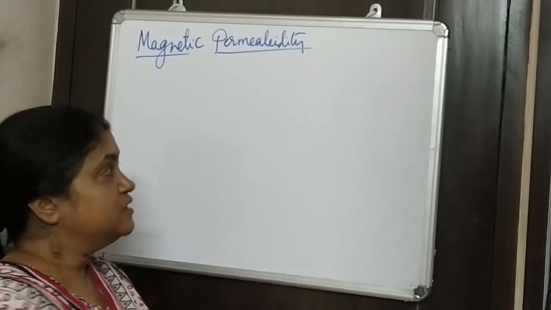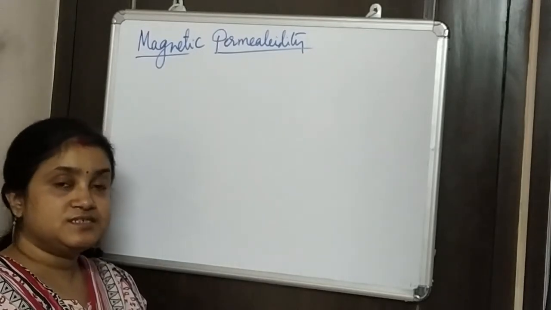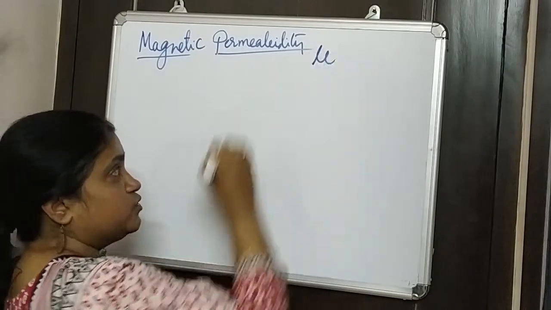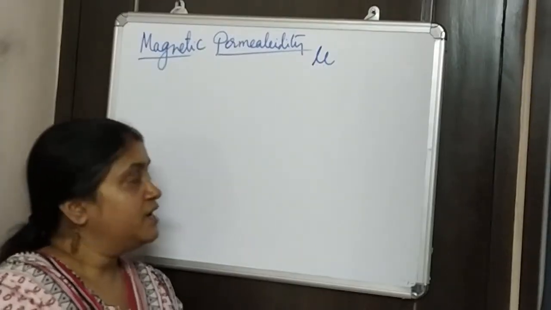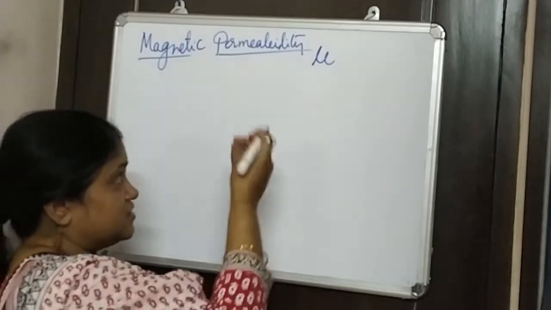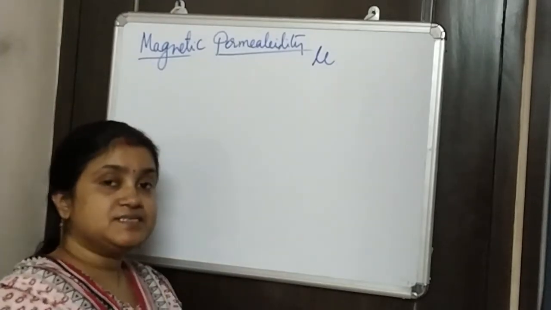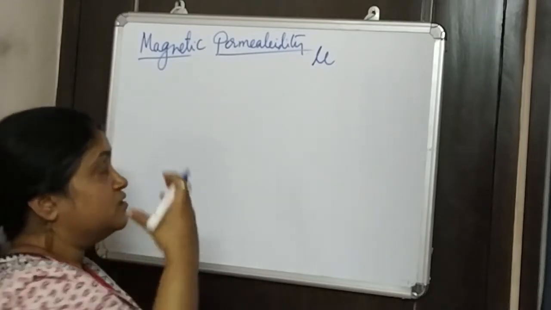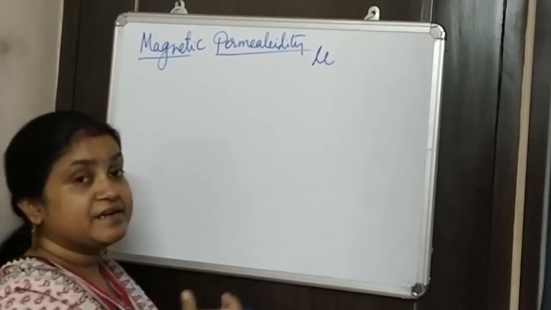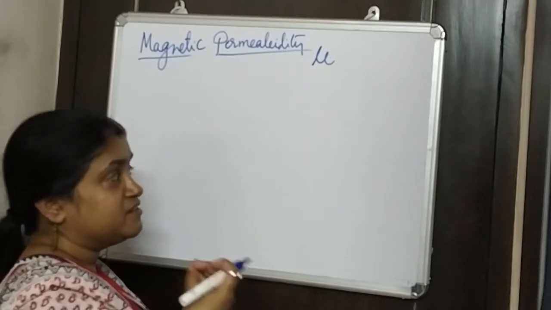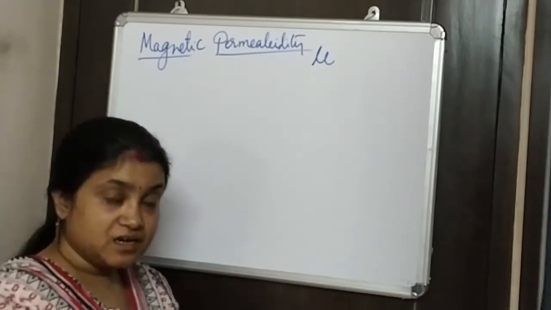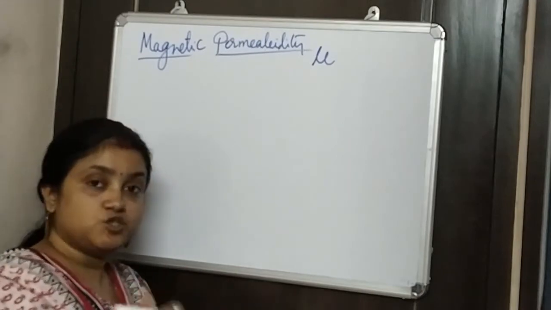Magnetic permeability. We have already come across this term. We denote it with the sign mu, and it defines how many magnetic field lines per unit area are allowed to pass through a material.